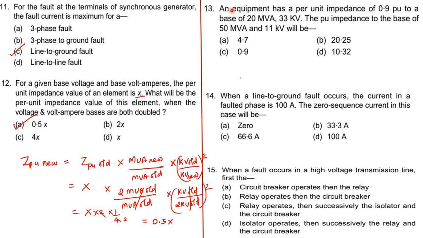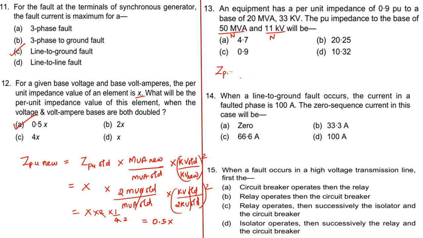Next, question number 13. The equipment has a per unit impedance of 0.9 per unit to a base of 20 MVA, 33 kV. The per unit impedance to a base of 50 MVA and 11 kV will be? Here the new base MVA is 50 MVA and new kV is 11.